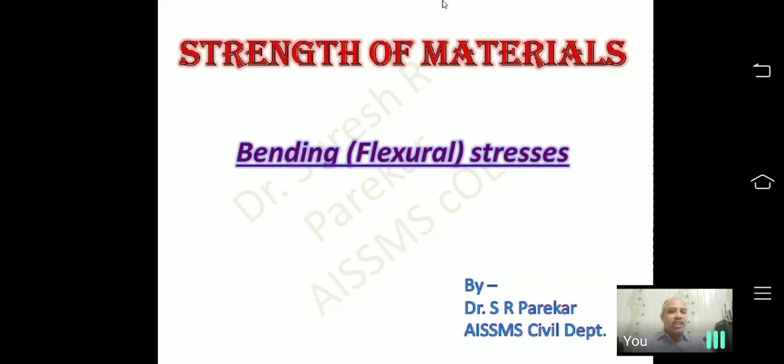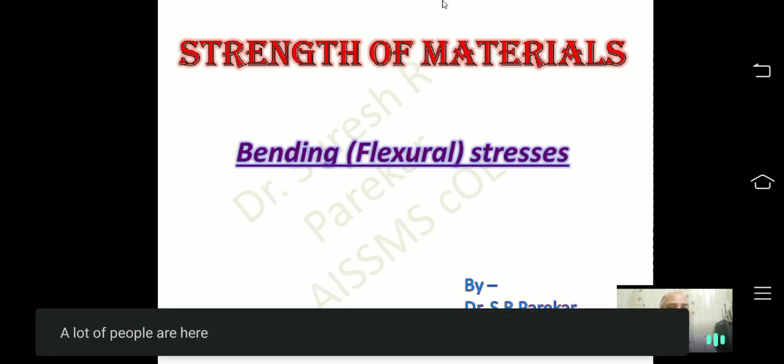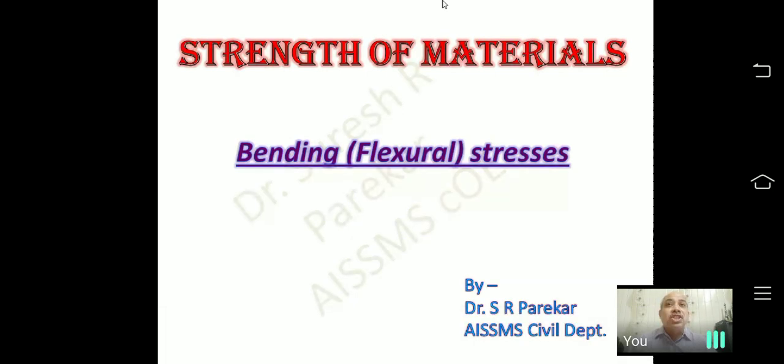Axial members have axial force, which means the force is acting along the longitudinal axis of the member, and I have axial stresses. When my force is perpendicular to the longitudinal axis of the member, then that will create shear force and bending moment.